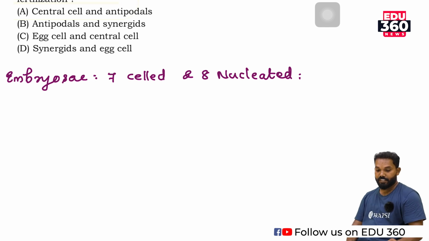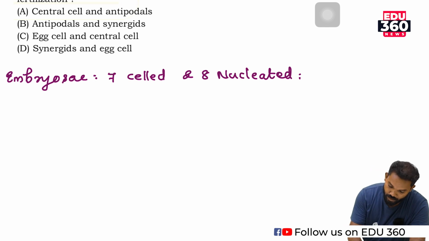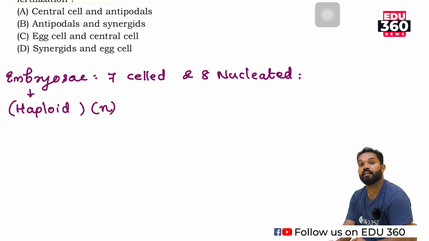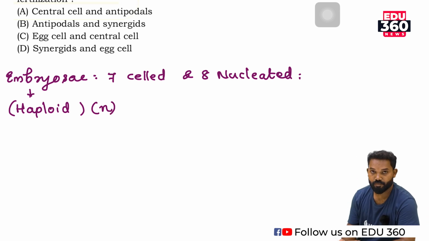So there are 7 cells in an embryo sac and there are 8 nuclei. Generally, the embryo sac is haploid in nature. That means they contain n number of chromosomes.